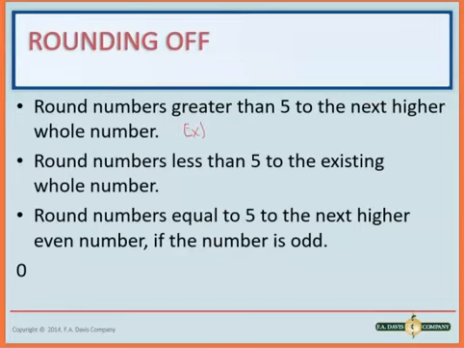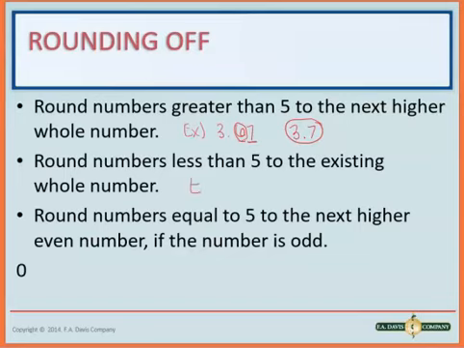Let's do 3.67. So we know this 7 is higher or greater than 5. So what can we round this 6 up to? We can round this 6 up to 7. So when we round up, our answer is 3.7. The second rule is you round numbers less than 5 to the existing whole number.